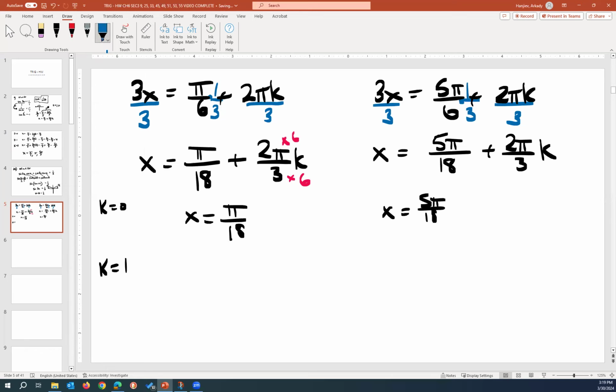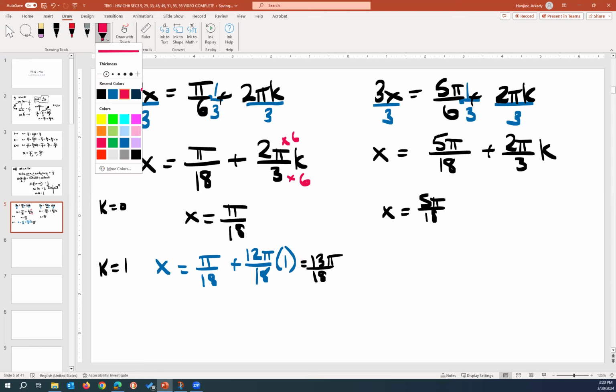I'm going to have x is equal to pi over 18 plus, now this one is going to be 12 pi over 18 just to get my common denominators. And I'm using that value for k. Oh, that's easy now. So 18 is my denominator. And pi plus 12 pi makes 13 pi. That's my other answer.